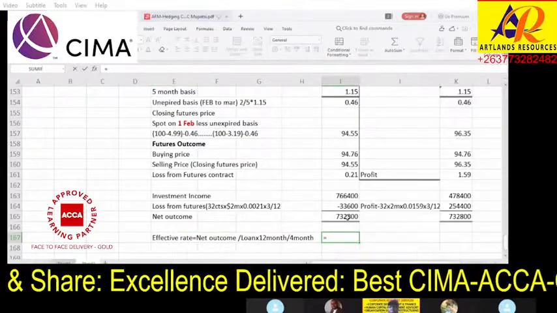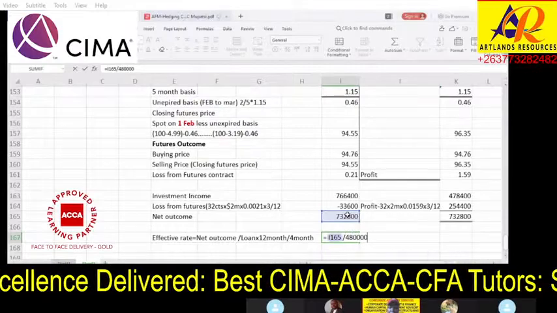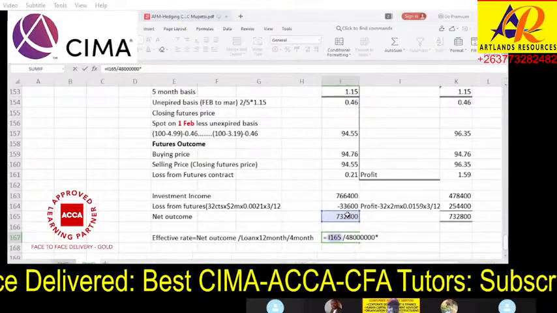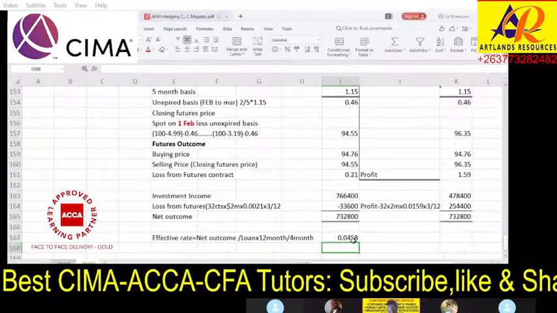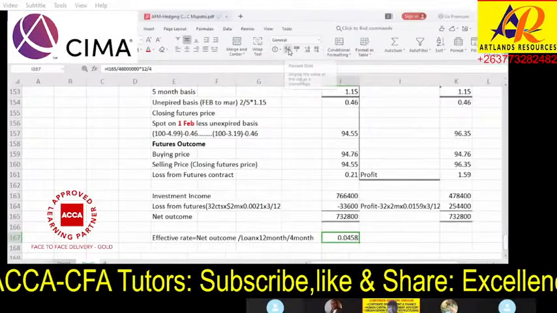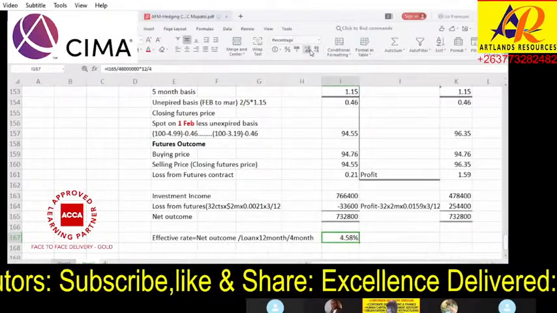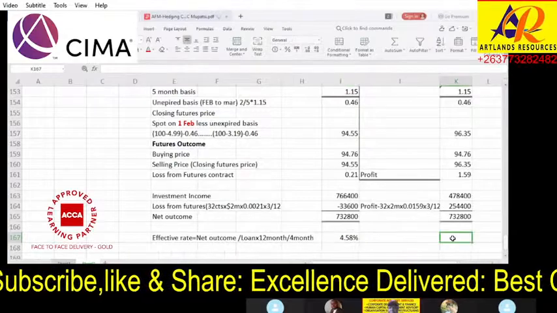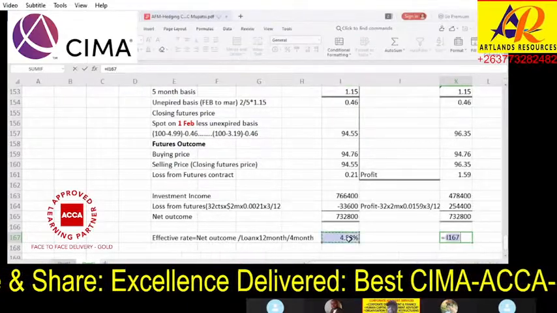So it equals to this over 48, 123 times 12 over 4. So effective rate on futures is 4.58%.